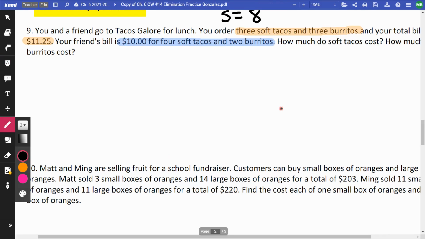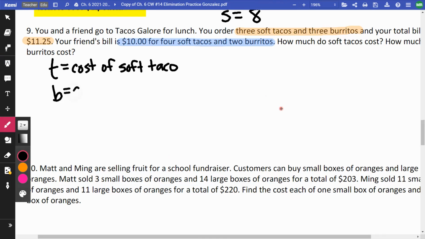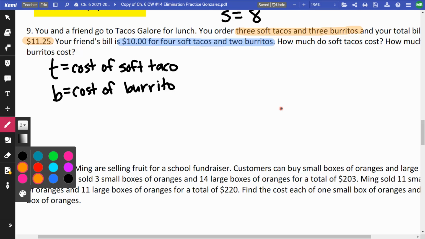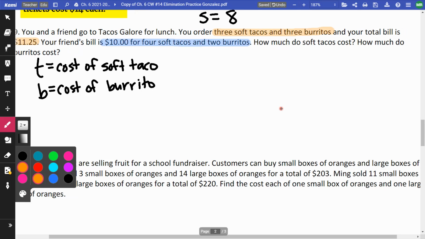So how about I put T is equal to the cost of soft taco, and B is equal to the cost of burrito.